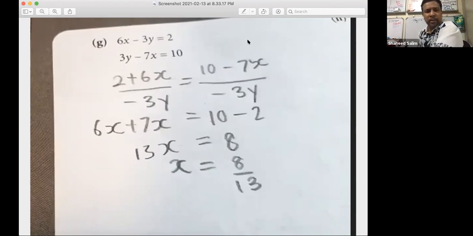So you say it is another one. You bring over the 6x is minus 6x, right? You bring over 6x is minus 6x. Correct? So just take note. The other one, 10 minus must be 7x, right? But it is not yet.